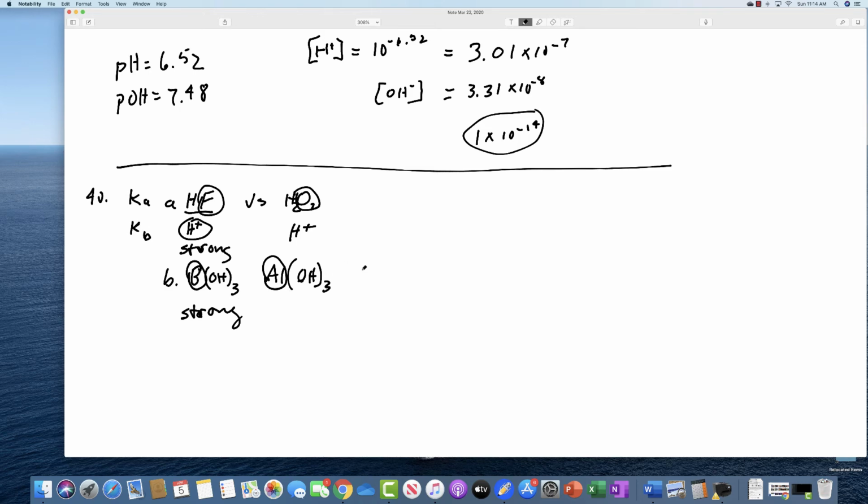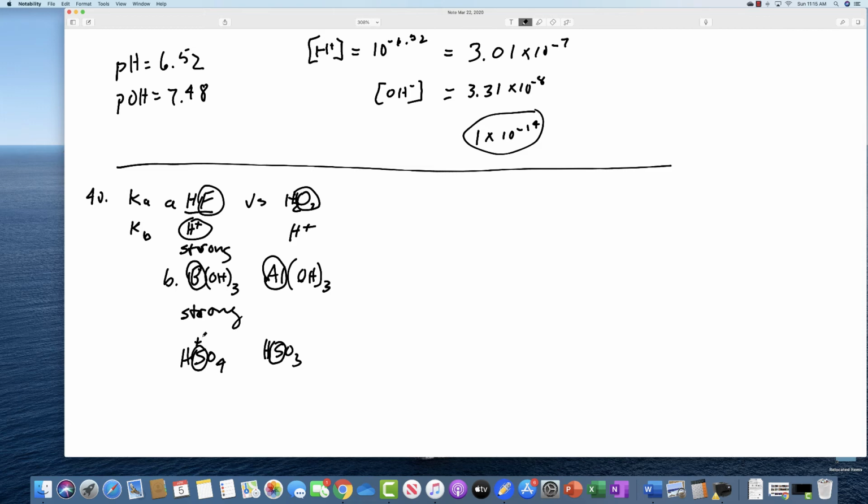For C, you have HSO4 and HSO3. Now this may not be as readily obvious, but what you have to do is look at the oxidation state for sulfur in these two settings.